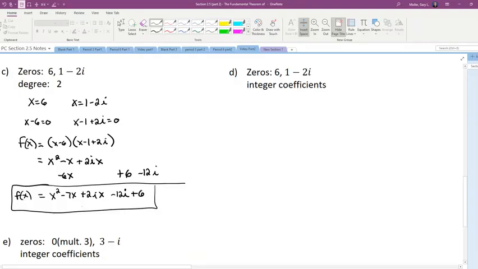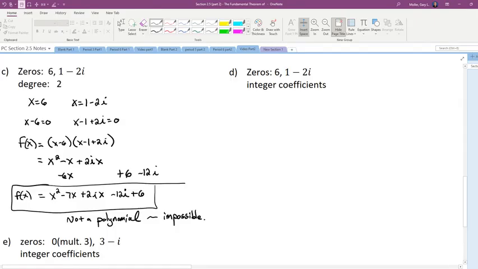So this is not a polynomial, right? A polynomial has to have real number coefficients. Here we have imaginary coefficients. So this is not a polynomial. So it would be impossible to answer this question.